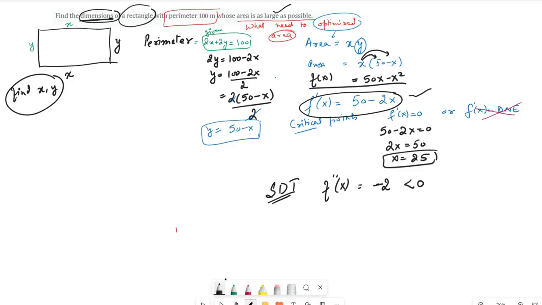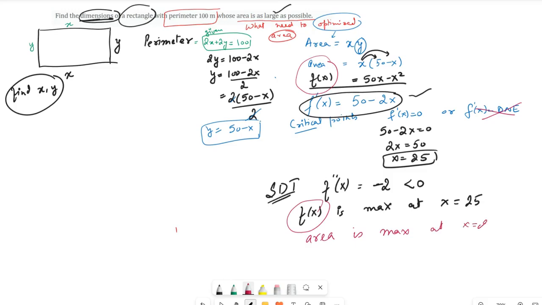So we can say, using the second derivative, if the second derivative is negative, the function is maximum at the critical point, which is 25. So f of x is maximum. What was f of x? Where did f of x come from? Area. So area is maximum at x equal to 25.